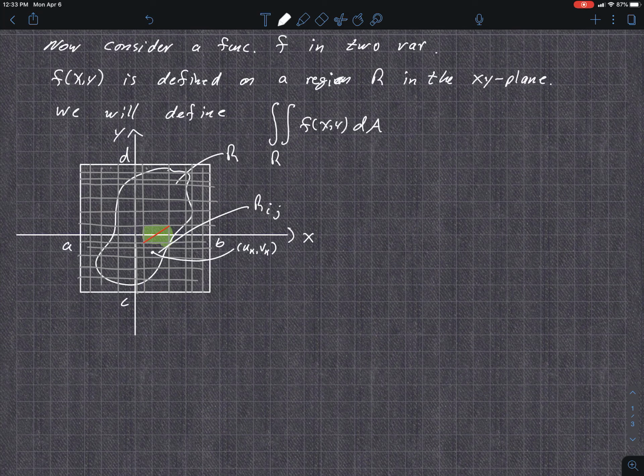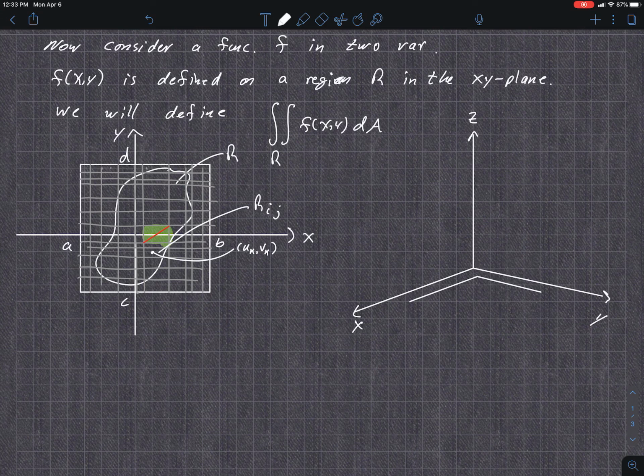Then in 3D, let's do a 3D version of that. It might look like this, and like this. So here's your X and your Y and your Z. And then in here, you'd have your rectangle.